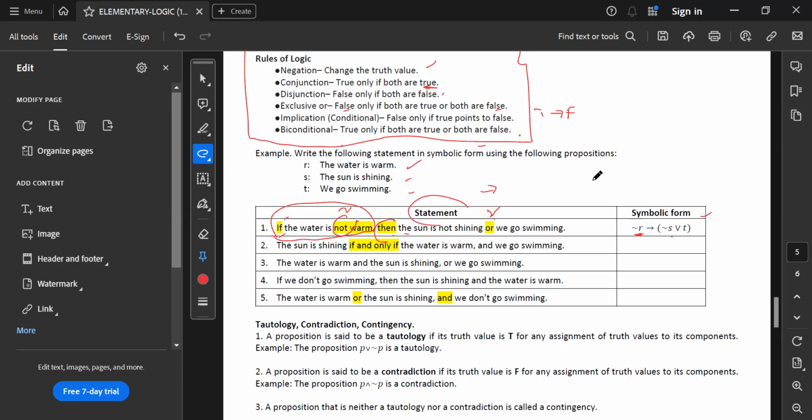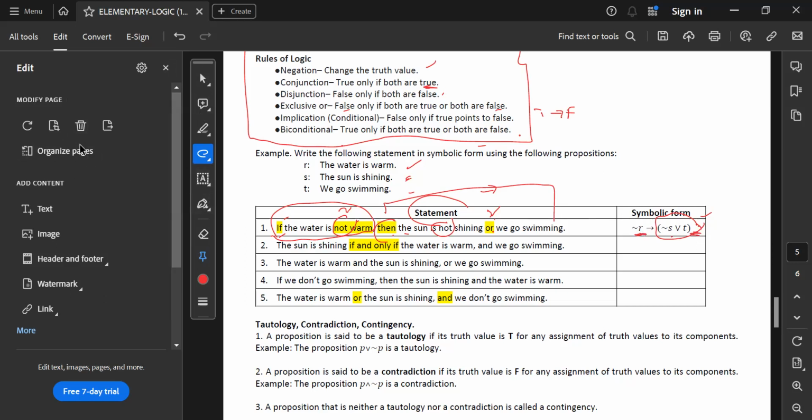S. But take note, we negate it, it is the opposite of the original statement S. So not S, then or T. And then take note, you enclose the entire part from the then up to the last parenthesis, because it is the entire compound proposition that follows the condition of the if statement.